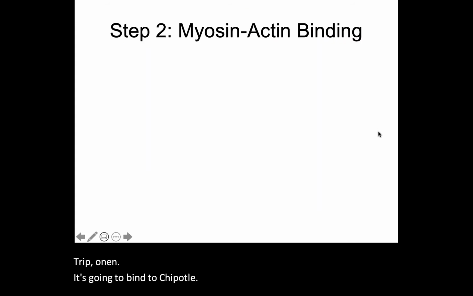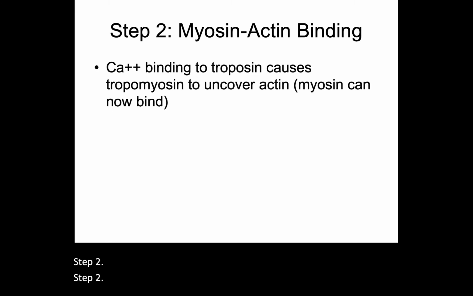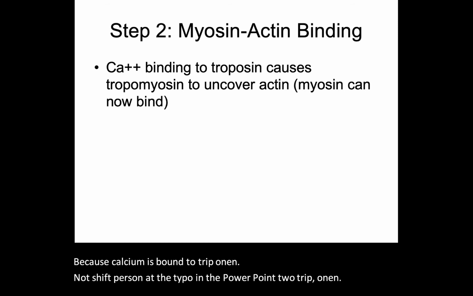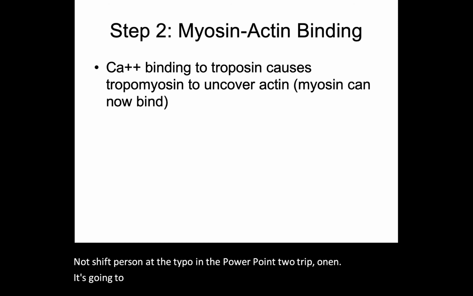Step 2. Because calcium is bound to troponin, not troposin, that's a typo in the PowerPoint, it's going to force tropomyosin to spin and uncover the myosin binding sites on actin.